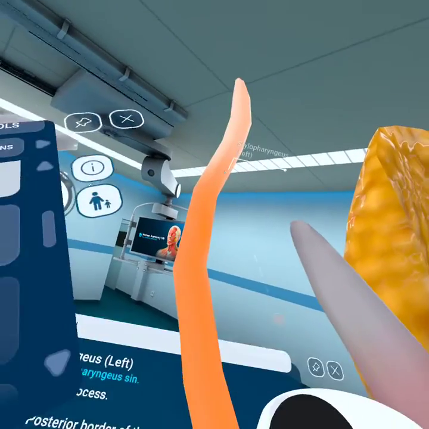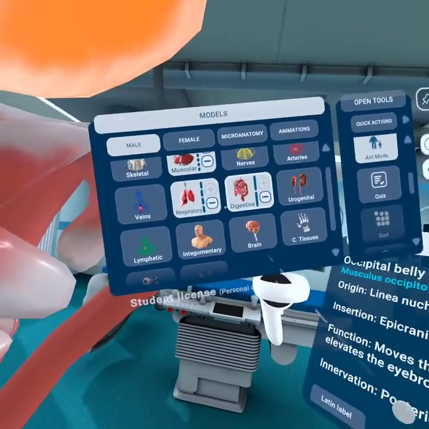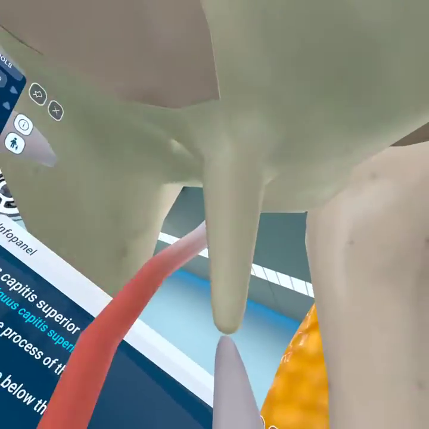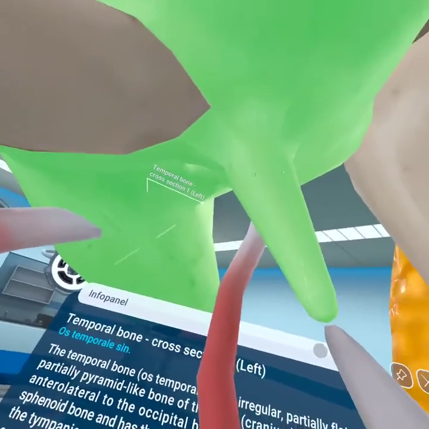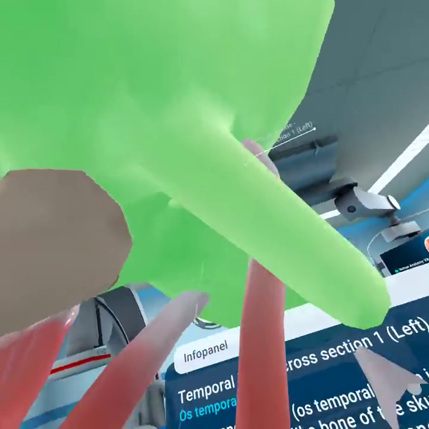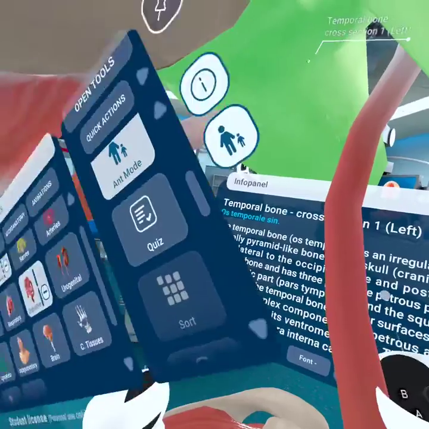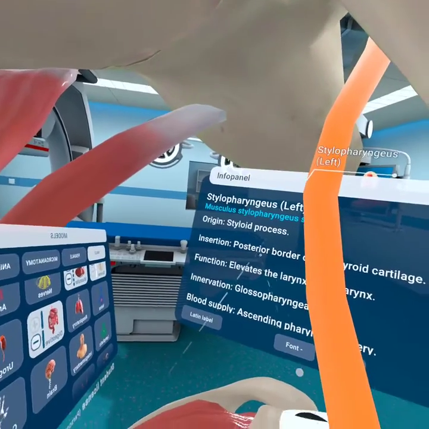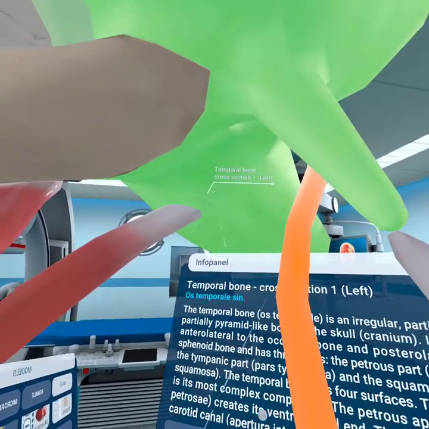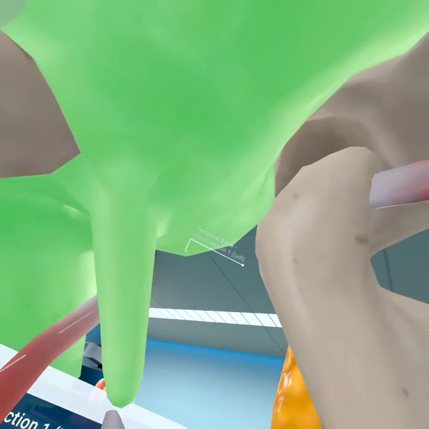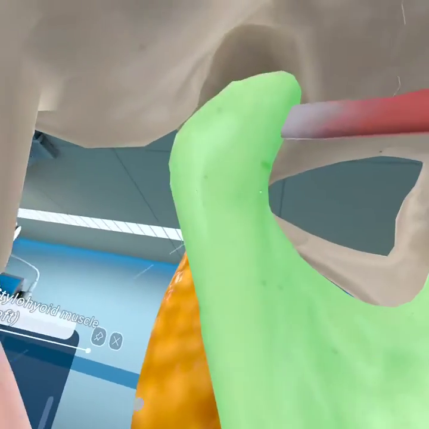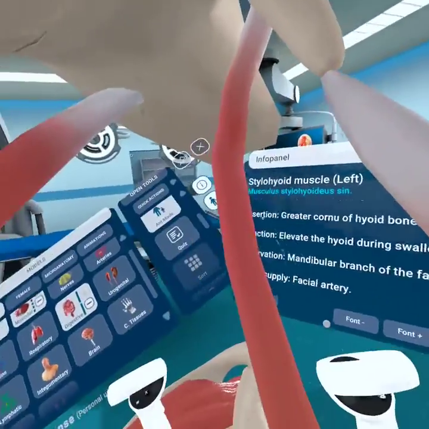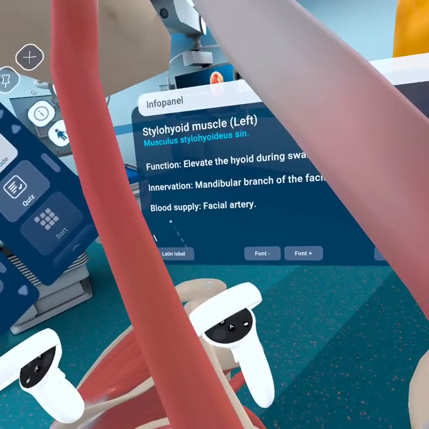And originates from, if we tossed on the skeletal muscle, we would find that it's the temporal bone. Interesting. I thought it would be more helpful than that, because it originates from the styloid process. Maybe I need to get my anatomy right. Mandible, styloid. Okay, whatever. I'll take your word for it.